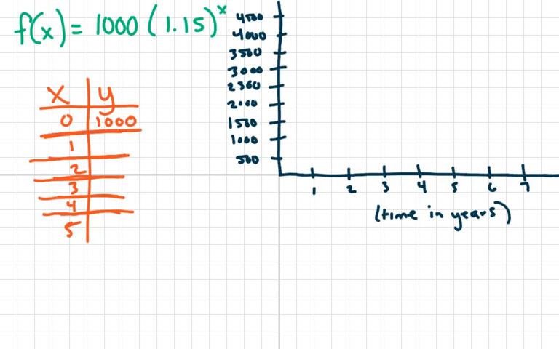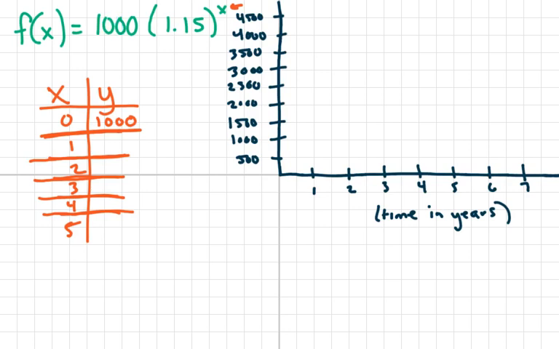Another way you could get that amount is by plugging 0 into the x value. We know that anything to the 0 power is 1, and 1 times 1,000 is 1,000. Now I'm going to use a calculator for the rest, and every time I plug in, I'm going to do my exponent first and then multiply. So when I plug in 1, I'm going to do 1.15 to the first power, and then take that answer and multiply it by 1,000.